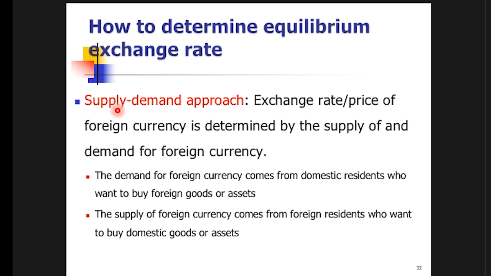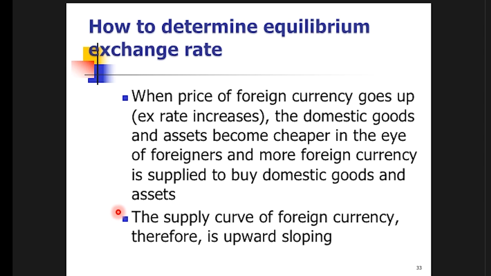The two basic forces in the markets are supply and demand. Firstly, we examine the supply of foreign currency. The supply of foreign currency comes from foreigners when they buy goods and services in this country.